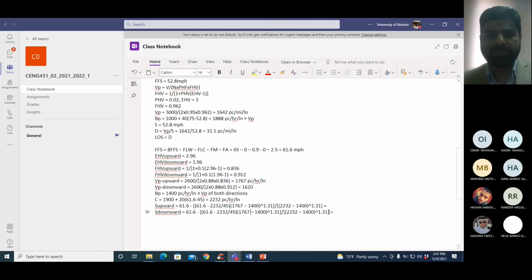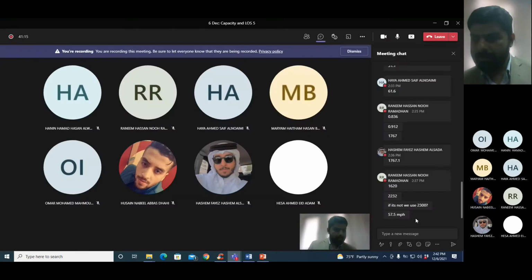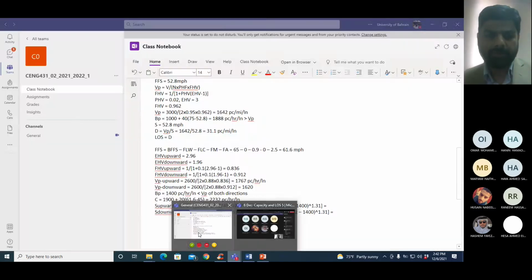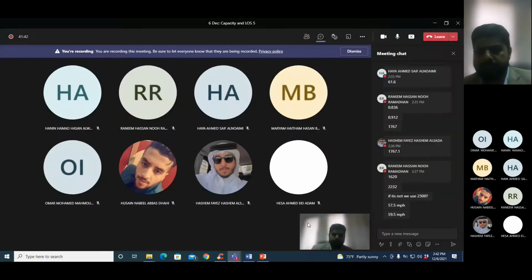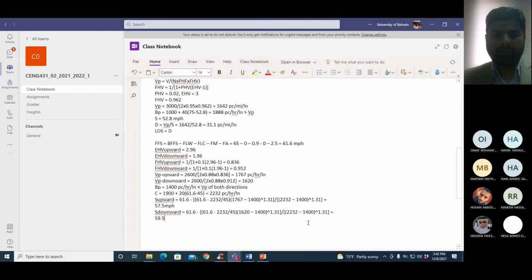The only thing which will change is VP. The upward speed is 57.5. For downward, it is 59.5.